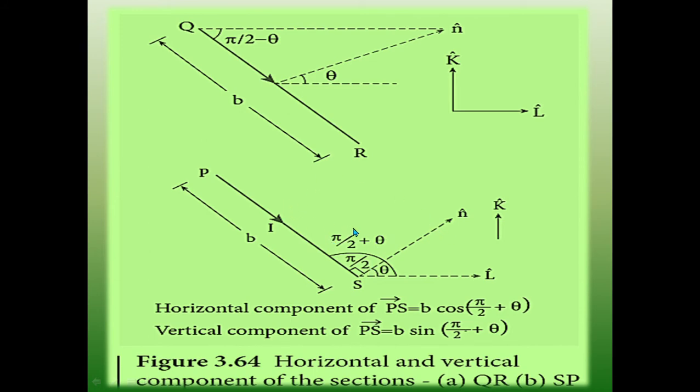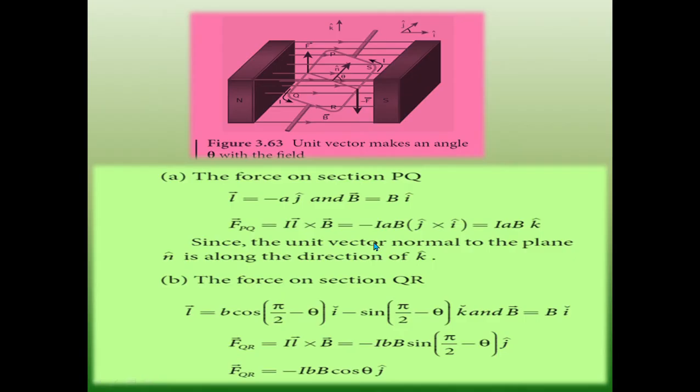Now the L vector can be written as b cos(pi by 2 minus theta) I cap minus b sine(pi by 2 minus theta) k cap, because the two adjacent sides make an angle theta. One acts along the I cap direction and the other along the k cap direction. And B vector is equal to B I cap, since we already know the magnetic field acts along the I cap direction.